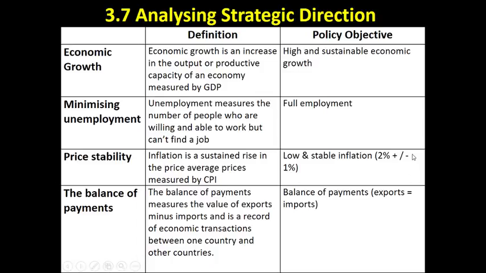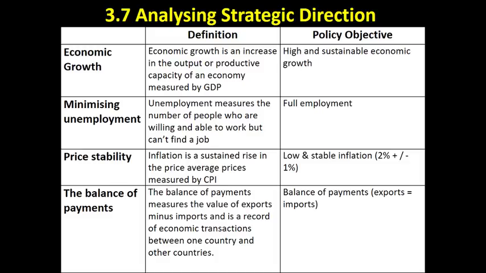So 2.7% is okay, 1.3% is okay, but we want prices to be rising slowly but steadily. The reason being that means firms can afford to put up their prices slightly, increase wages to workers, pay their shareholders a bit more, and create some money through investment. Prices don't rise so quickly that it gets out of control and consumers can't afford goods and services anymore.